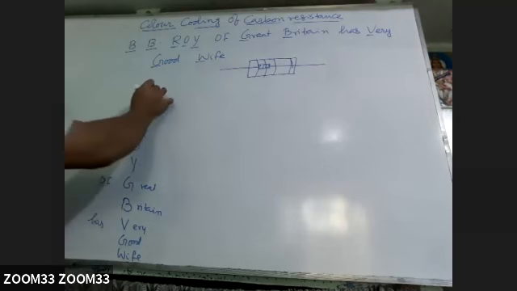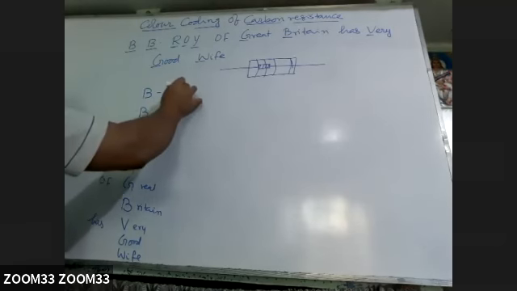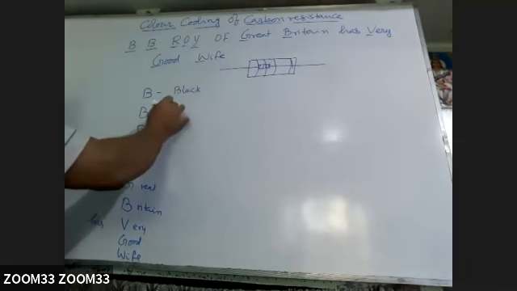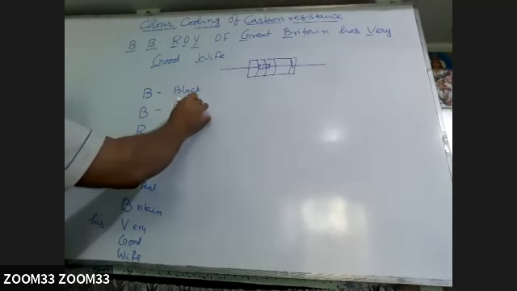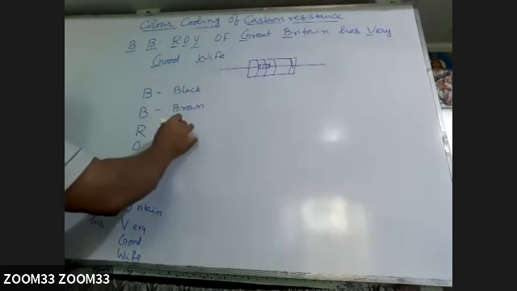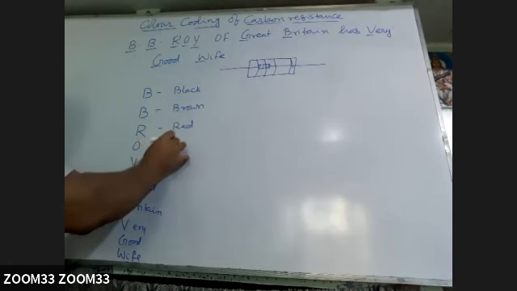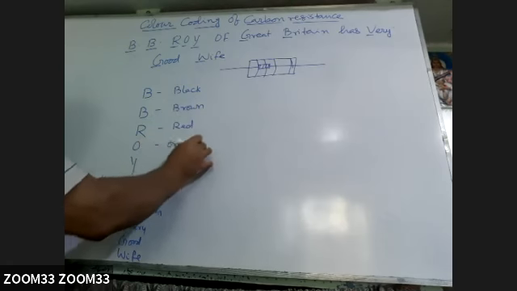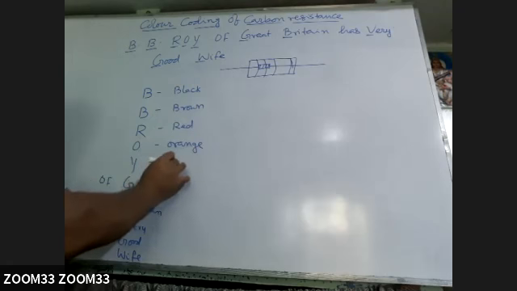So this B represents black, this is brown, this is red, this is orange, yellow, green, blue, violet, gray, and this is white. It is given in your book also, no problem.